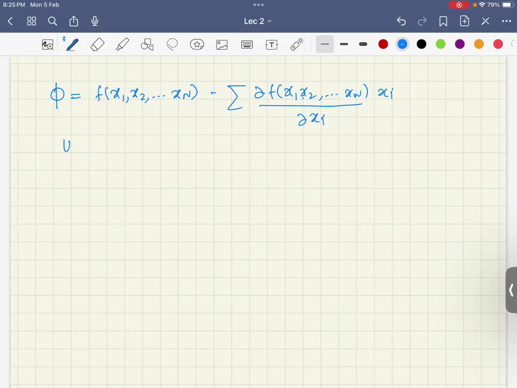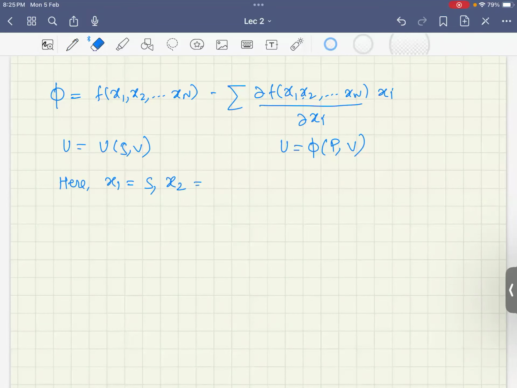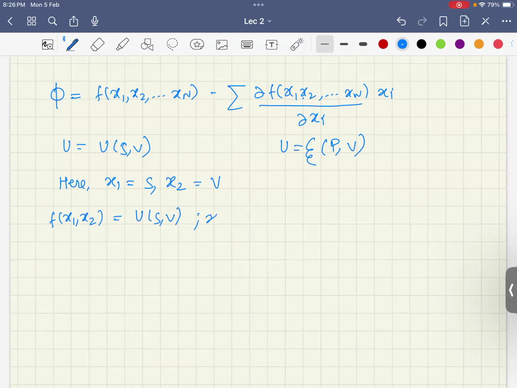What we want: U equals U of S comma V we have, and we want some T comma V. So here x1 is S and x2 is V. So we will write this as f of x1, x2, which is nothing but U of S and V. Now this xi will be whatever we want to replace.